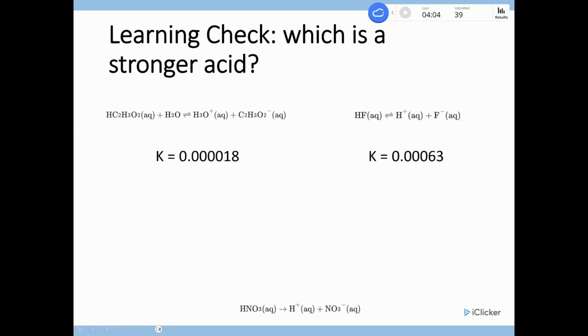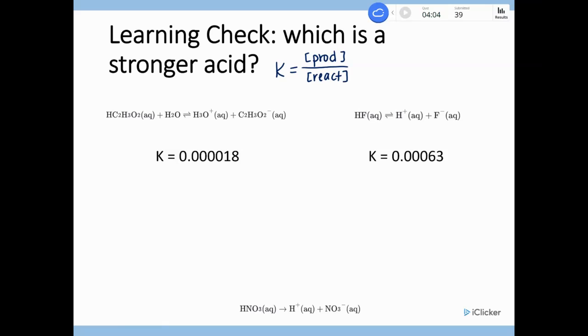And we have K values. Both of these K values are less than 1. They're both pretty small. But remember that K, I hope this is burned into your brain at this point, is the concentration of products over reactants. And in both of these equations, the H plus, or in the first one, H3O plus, is on the product side.